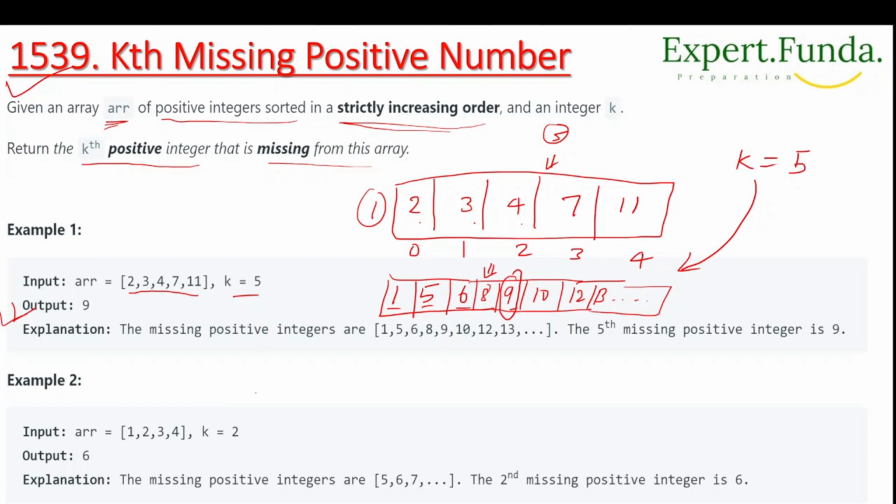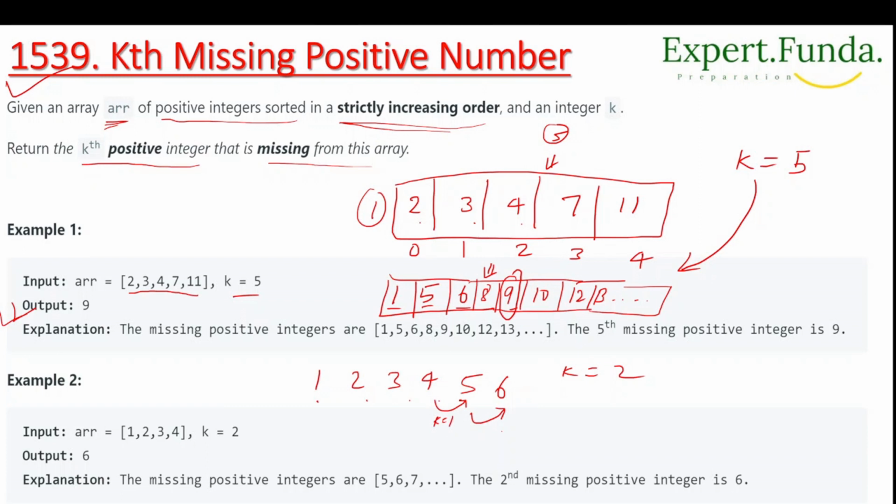Similarly, if we talk about the next example, we have 1 2 3 4 given, and k is equal to 2. So what is the next element we have? 5 6. The first missing element is this one, that is k equal to 1, and k equal to 2 is this one.